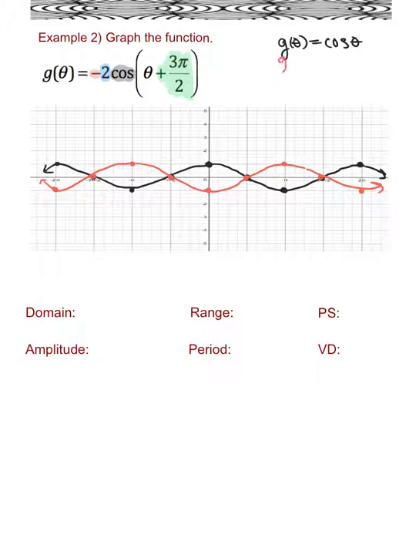Then I have g of theta equals negative cosine of theta in the red. And moving on to blue and changing that amplitude. Now I need to change the amplitude to 2. So instead of going from -1 to 1, I am now going to go from -2 to +2.